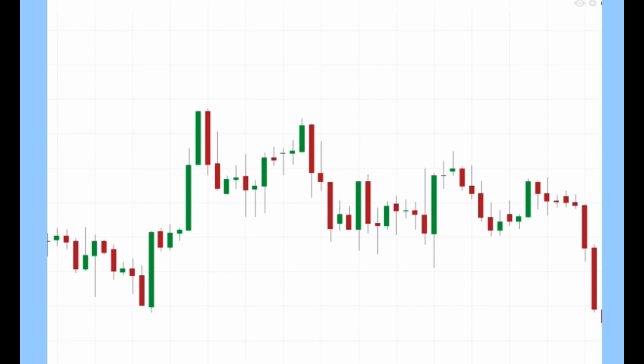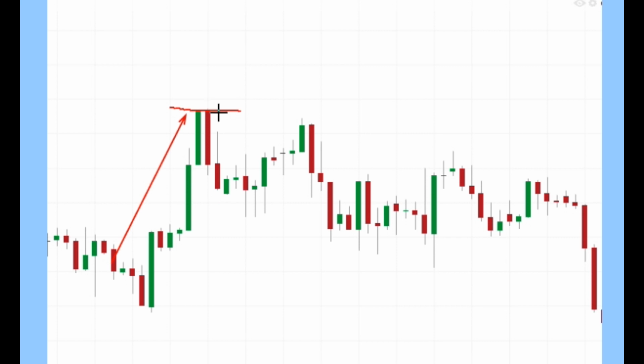I get my pencil, okay, so we can try to dissect this market. You can see that this market was on an uptrend, was going up. We don't know whether it's an uptrend or not, but it was going up clearly until this level, where the market hit a snag and came down.